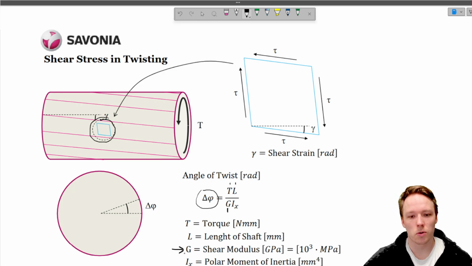We also need to know a new thing which we call the polar moment of inertia, also called the second moment of inertia. In this video we're going to learn how we can calculate the polar moment of inertia for round axles and round tubes.